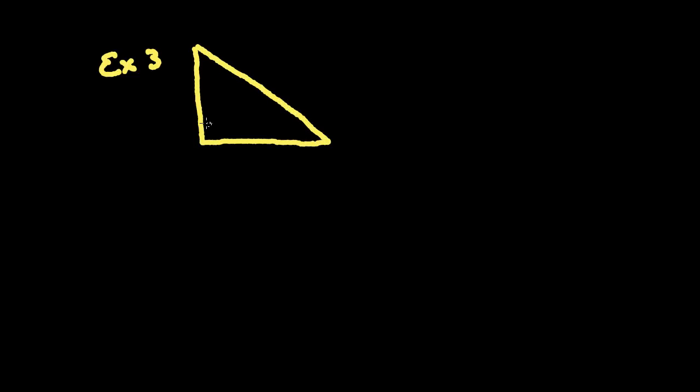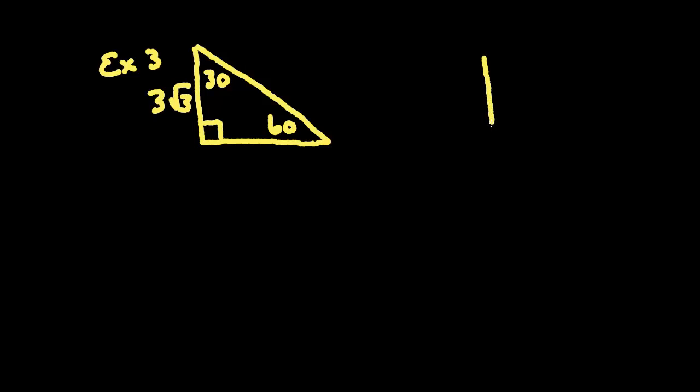And let's look at a new one here. Example 3. Draw the triangle. And let's put the 30 up here, the 60 here, and let's make this 3 square root 3.